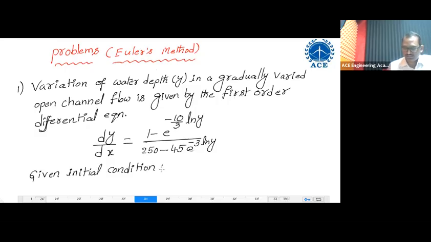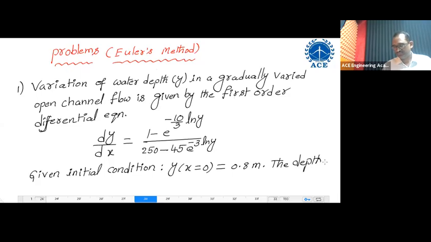Given the initial condition, y value at x is equal to 0 is 0.8 meters. The depth within the brackets is in meters.